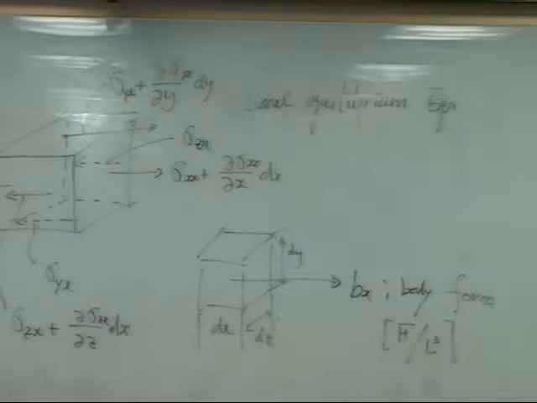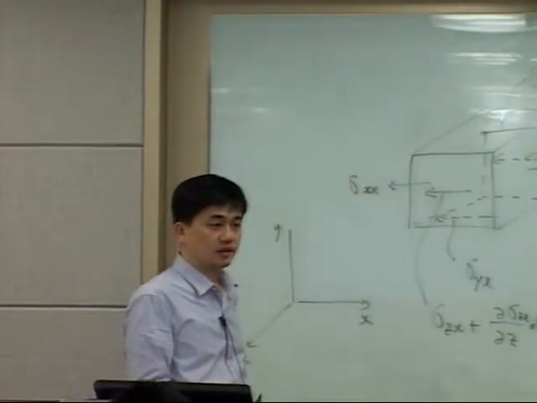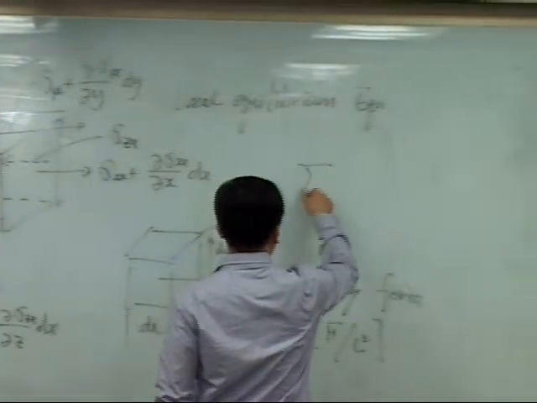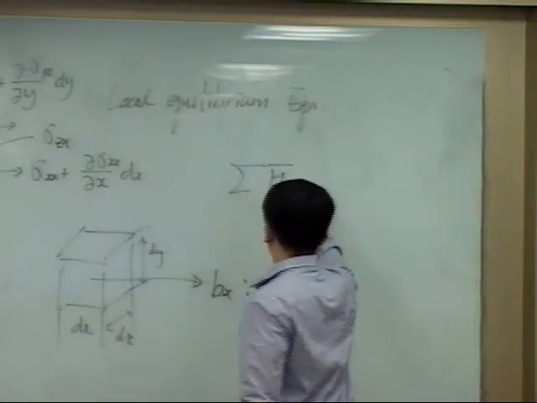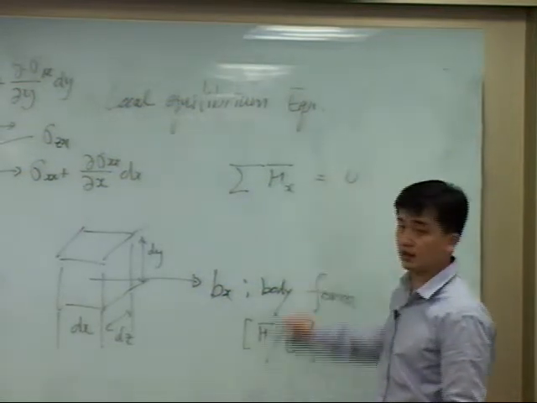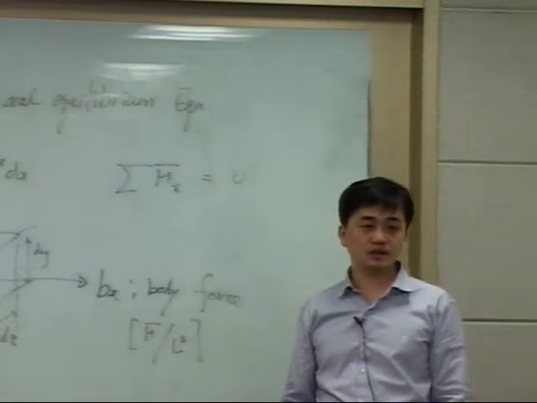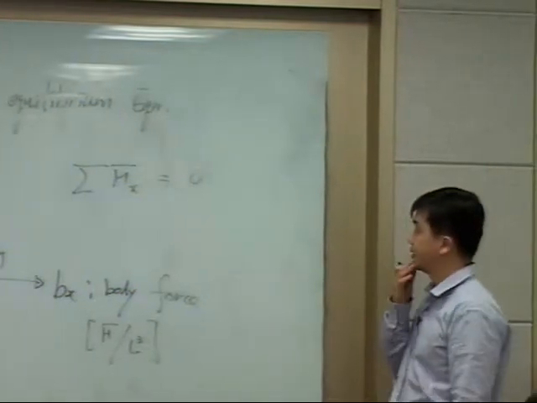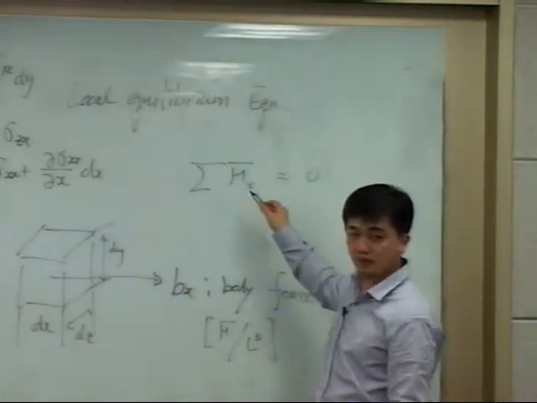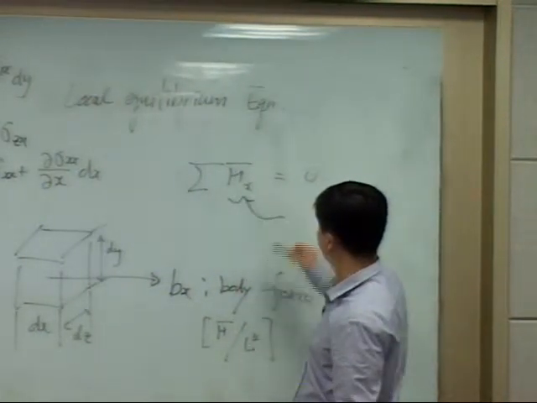So now we have all the stresses and forces about this cube. Then if I sum the force in x direction, it should be 0, right? That means equilibrium. This is a stress and this is body force. But this is a force.